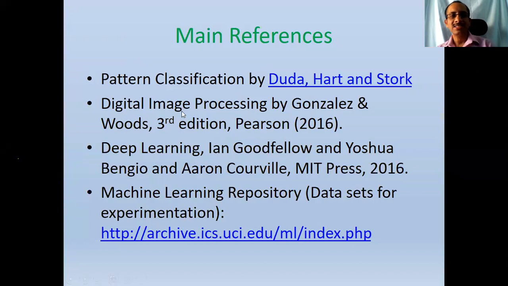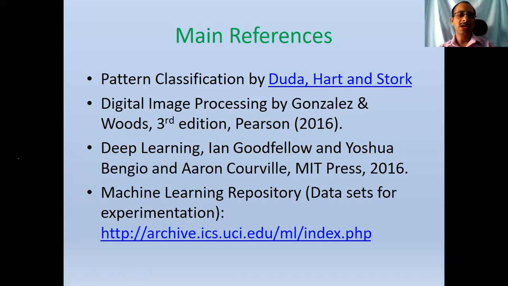These are all the references. See, Pattern Classification by Duda and Hart. This is a very classical book which brings more details on statistical pattern recognition. I will be discussing some contents of statistical pattern recognition, because I see very nice intuition and elegance in it. You will get a better understanding of how things are developed.